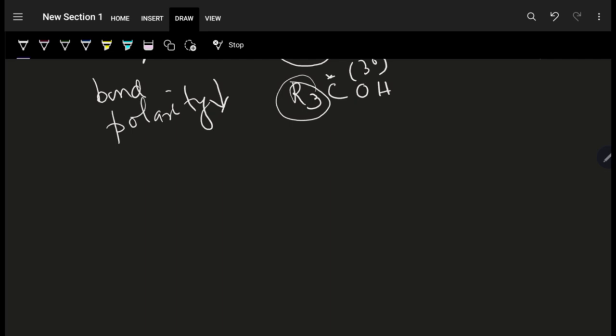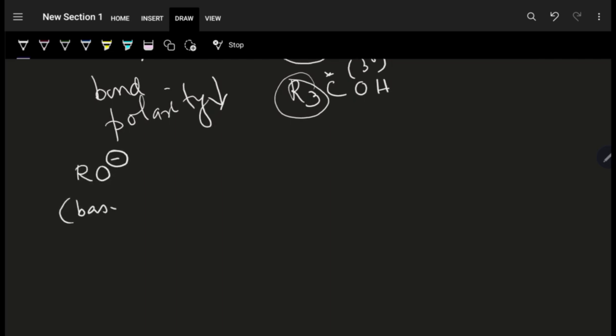Now ROH, alcohols, are even weaker acids than water. You can illustrate this by the reaction like, say, alkoxide ion, RO minus. It acts as a base. Why? It is capable of abstracting proton even from water. So water has amphoteric behavior, we all know.